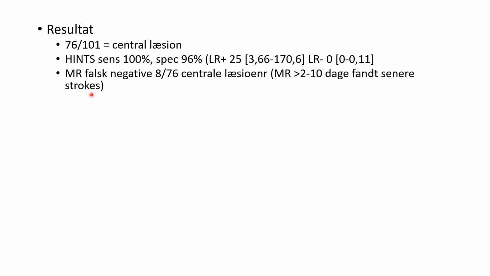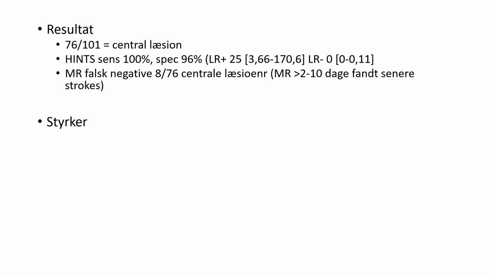They even found that the MRI was falsely negative in 8 out of these 76 patients. It became apparent that they had a stroke a few days later when they did a new MRI. So when the HINTS test was pointing towards central, they waited and did a new MRI and saw that the HINTS test was right in the first place.